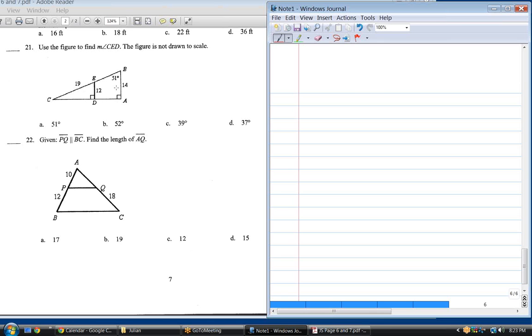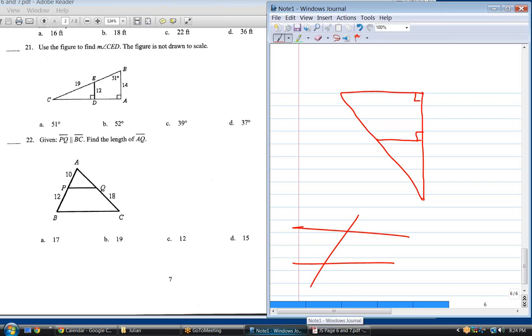Notice what this is if I turn it on its heel. If I turn it straight top to bottom, like this, and I draw that midline, and I tell you that that's a right angle and that's a right angle. Well, remember two parallel lines and a transversal? If this angle is equal to that angle, those two lines are parallel by definition.